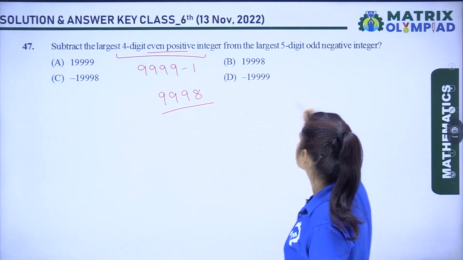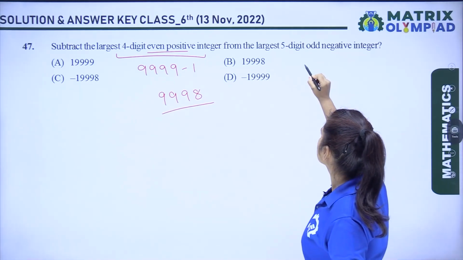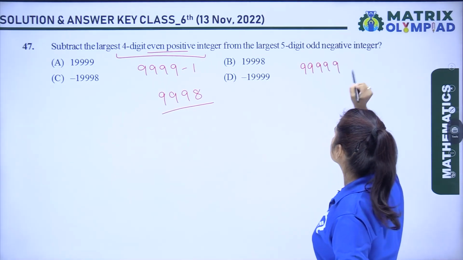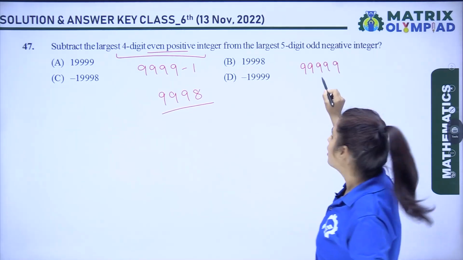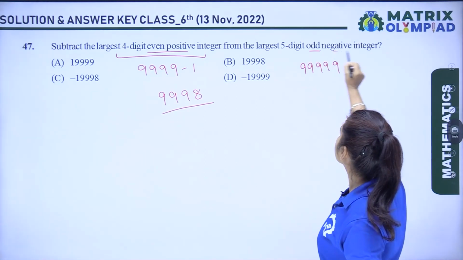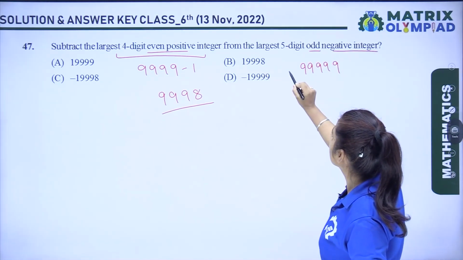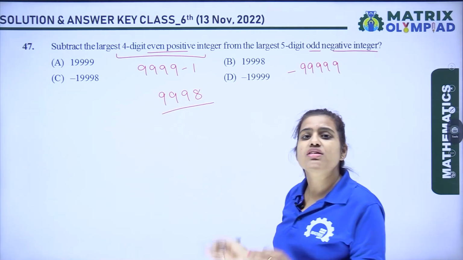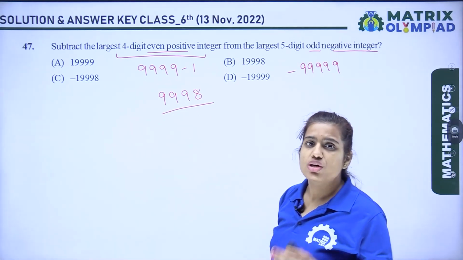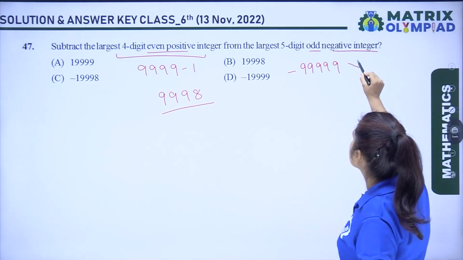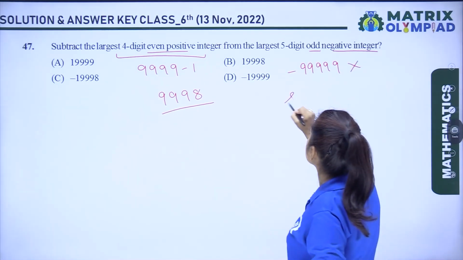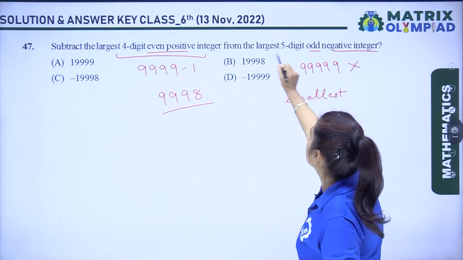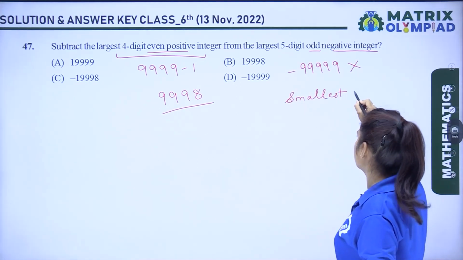Now, let's find out the next number, the largest 5-digit number, that is 99,999. This is the largest 5-digit number, but we have to take the odd negative integer. If we take this number in the negative form, this will be the smallest 5-digit number. So, we will not take this number, we will take the smallest 5-digit number so that we can have the largest 5-digit odd negative integer.